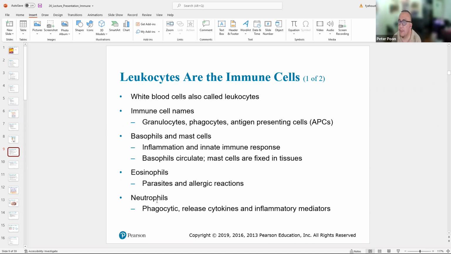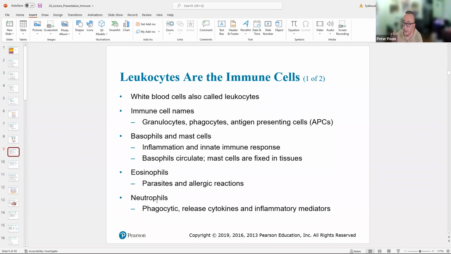Eosinophils are involved in parasites and allergic reactions. They actively destroy parasites, like little worms that get into your blood. Neutrophils are the most common, and they release cytokines and inflammatory mediators, along with being phagocytic, which means they'll eat the bacteria.